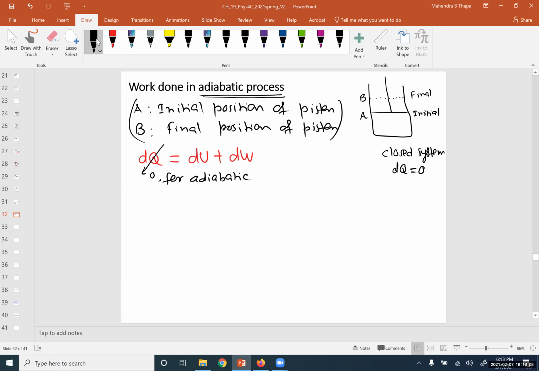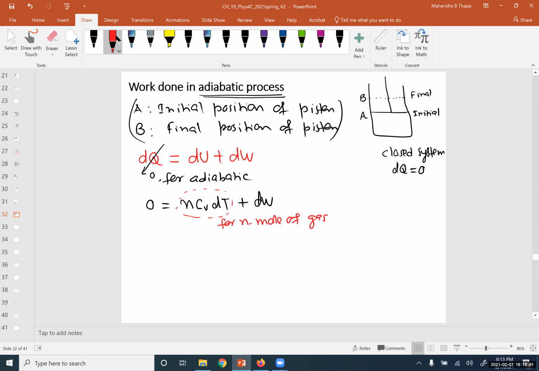So we are left with 0 equals dU plus dW. We know that the internal energy dU is n Cv dT, as we showed before, and this is the dW. This n Cv dT is true for n moles of gas.